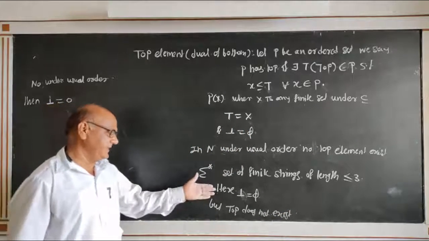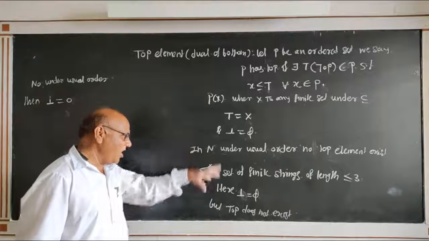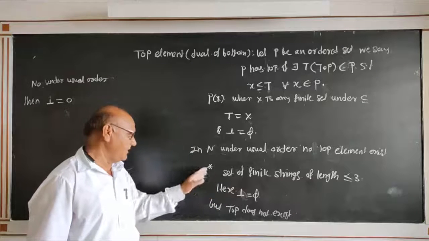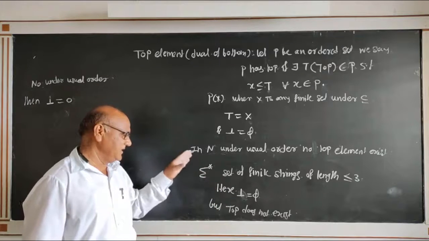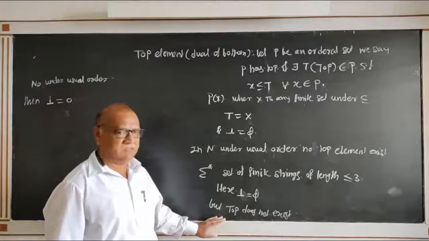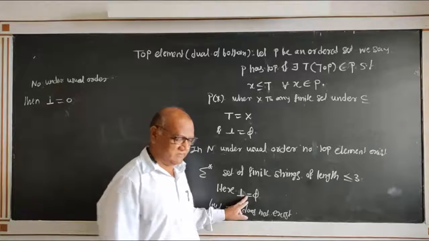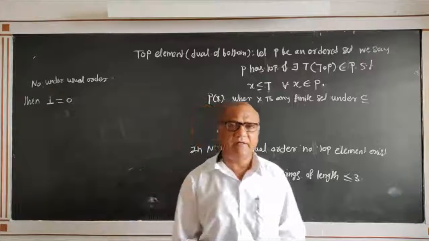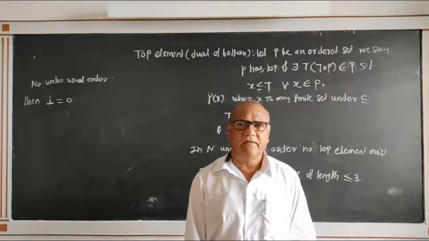Because there is no element T such that all elements from this set of strings are related to this top element. So top does not exist, but bottom exists. Okay, we stop here. Thank you.